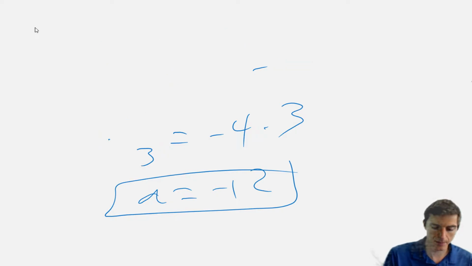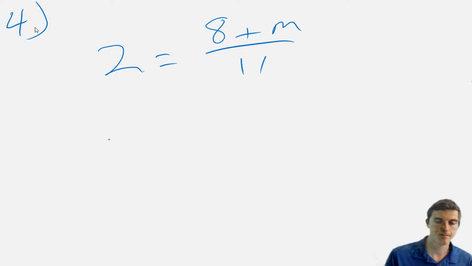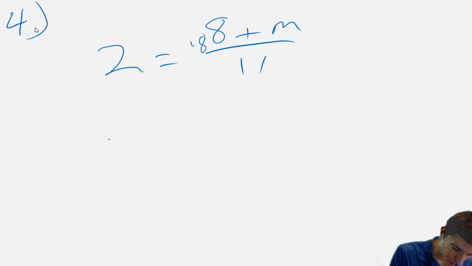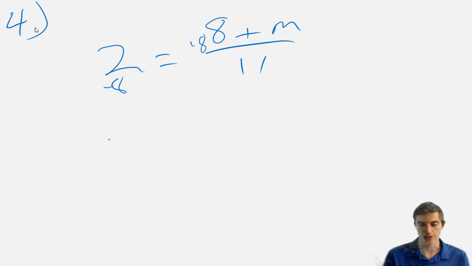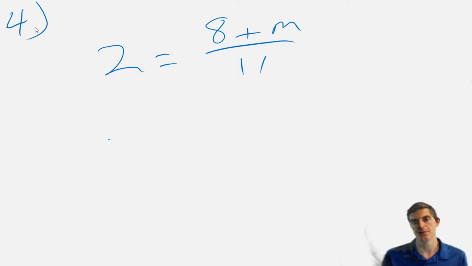Number 4 kind of tricks some people too, because I see this 2 equals 8 plus m divided by 11. You can't just sneak in here and say, I'm going to subtract 8 from both sides, though typically subtraction is our first step. That minus 8 is shielded by that entire side being divided by 11.